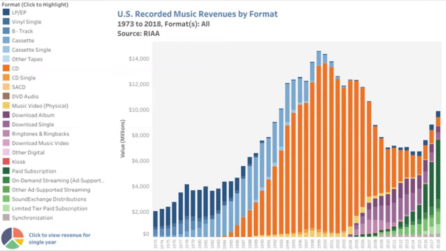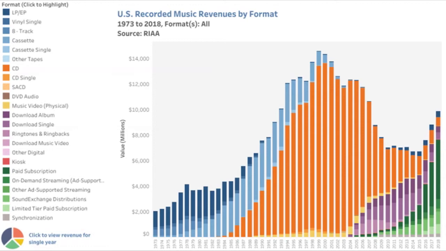Here we have a chart ranging from 1973 to 2019. We see it starts out with the dark blue, which is the LP, right? And then it goes to the vinyl and the cassette tape, which is the light blue. And then the CD is the red-orange color, which in the late 1990s and early 2000s we see, the video came out for a little bit.